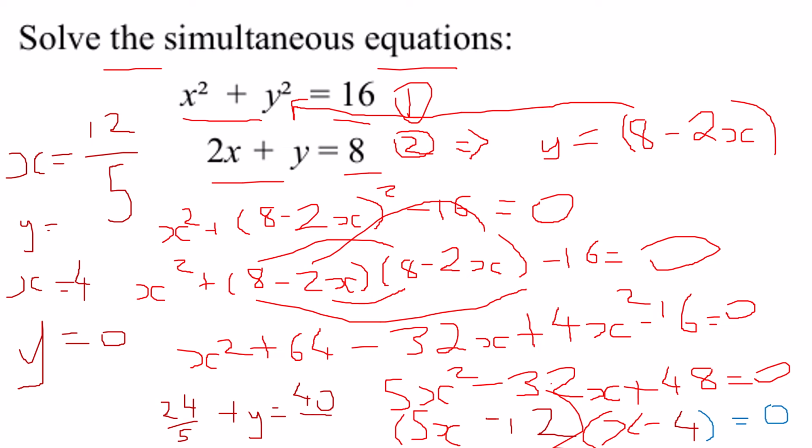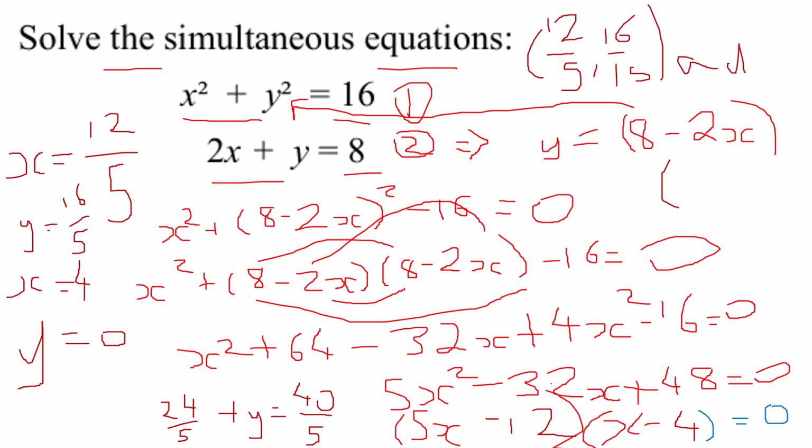I'm going to subtract 24/5 on both sides, and for the second equation I get that y is equal to 16/5. So our two solutions, as coordinates, are 12/5, 16/5, and 4, 0. These are the coordinates where the line intersects the circle.